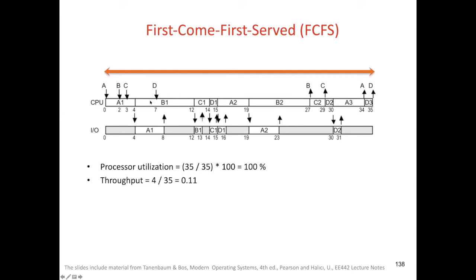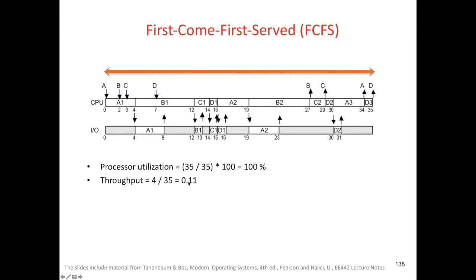Notice that all the time the processor is busy. Processor utilization is processor busy divided by total time multiplied by 100. It is 100%. Throughput: we have 4 processes completed. The total time is 35.